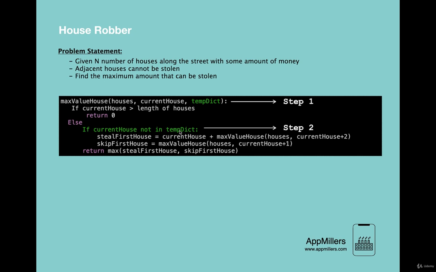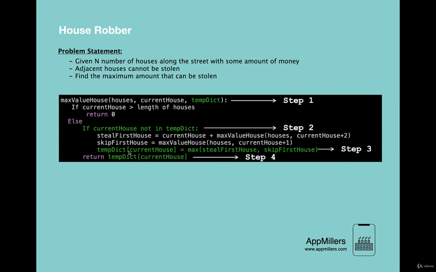As the third step, we need to insert the solution into this temporary dictionary. And in the fourth step, we return this value from the temporary dictionary. So if the result exists in our temporary dictionary, we don't need to calculate it again. We just return it from the temporary dictionary.